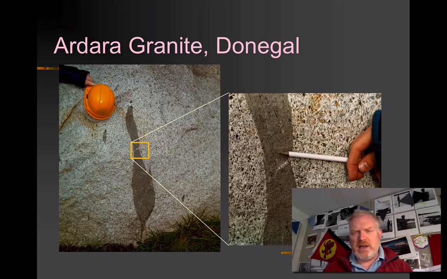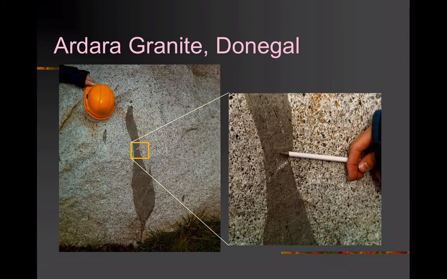We can see there the intrusion of little veins of granite into the more mafic material. This is starting to combine. There must be an input of new mineral material into that magma.